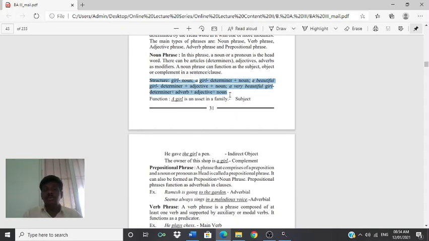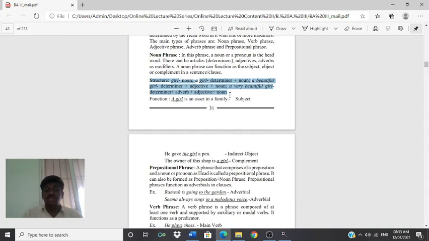It is a complement because it is about the owner. Here the girl is not important, but the owner is important. We are speaking about the owner, and we are describing that the owner of this shop is a girl. So this is a complement. So understand that this noun phrase functions in a clause as a subject, indirect object, and complement.